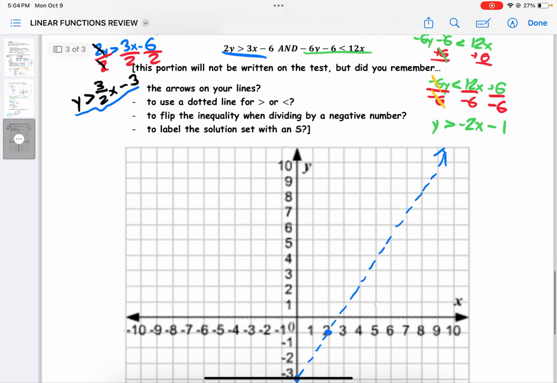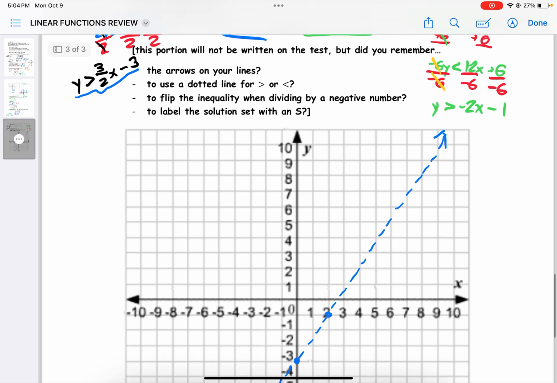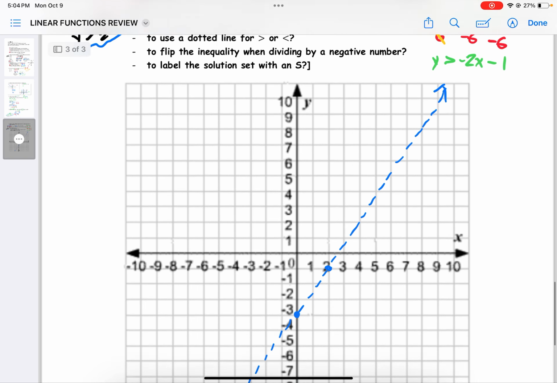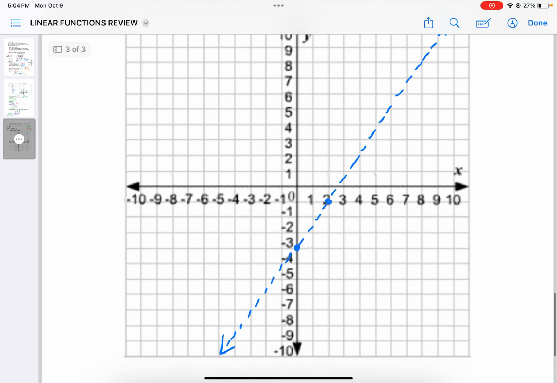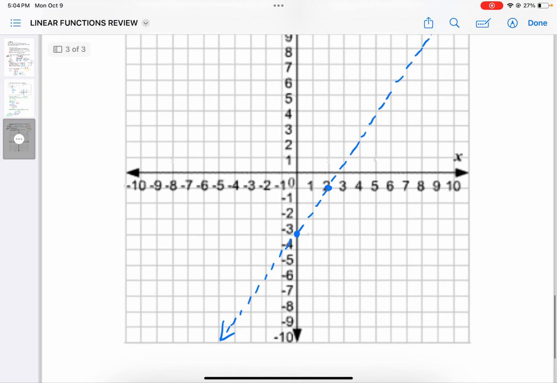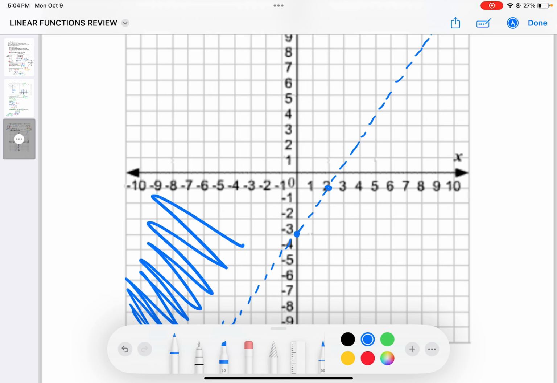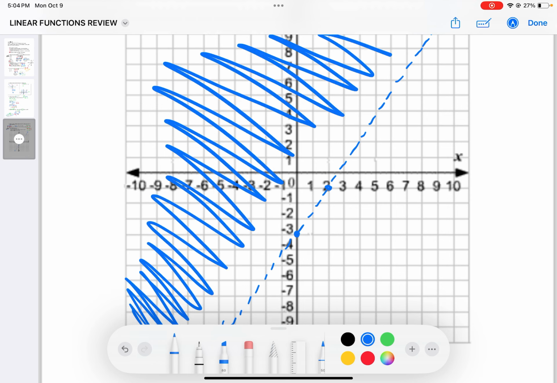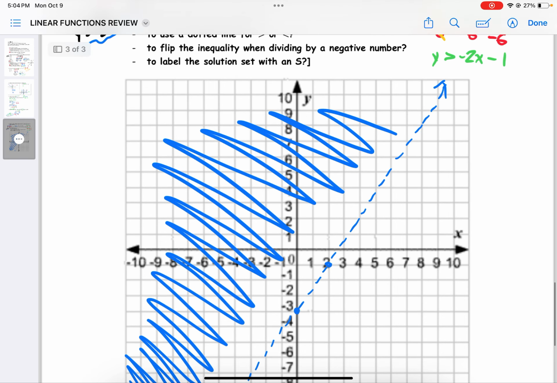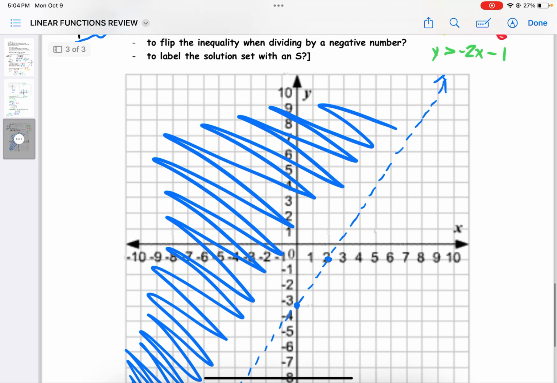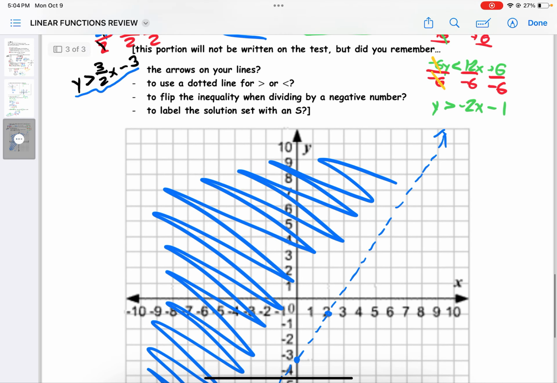And once I'm done shading, I will label in that stuff at the end. And that's the shading, right? Shading is going to be greater than 3 over 2x minus 3, so everything above this line. And once again, this is not something that you have to guess, right? You will have your graphing calculator available to you, and it will show you this shading for you. So you will not have to guess this by any means.